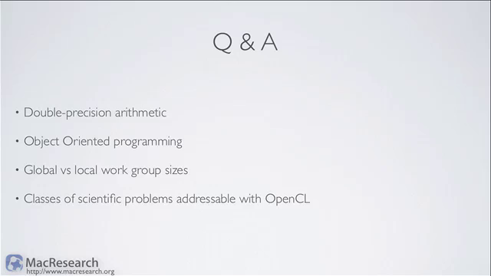There was a question asking for some clarification on global versus workgroup sizes, when you want to tune one versus the other, so we'll talk about that. And then we'll talk generally a little bit about the classes of scientific problems that you can solve or work on using OpenCL, and when and how those might be appropriate.